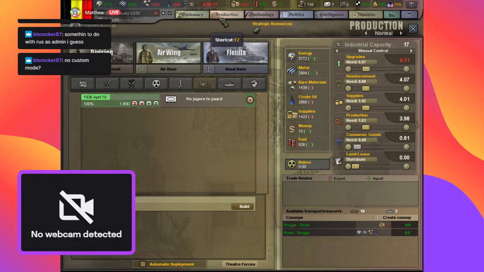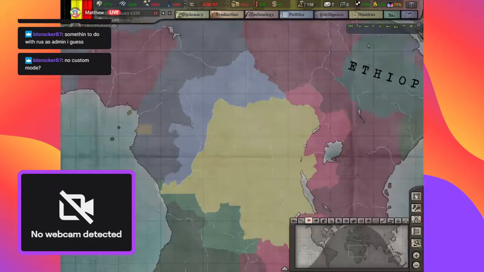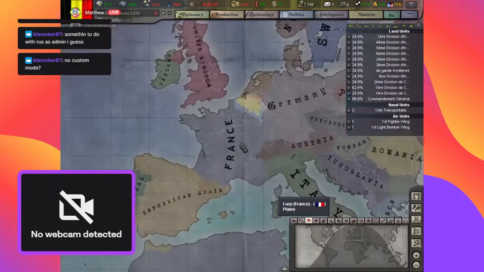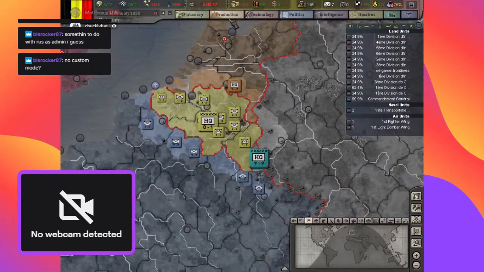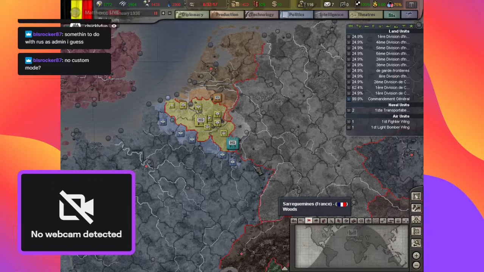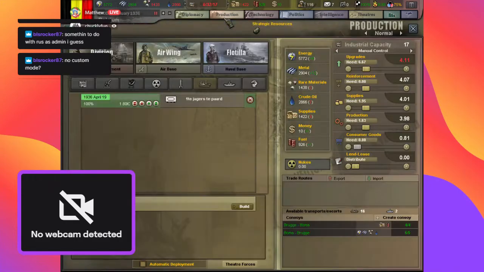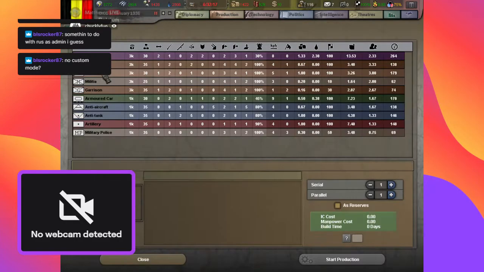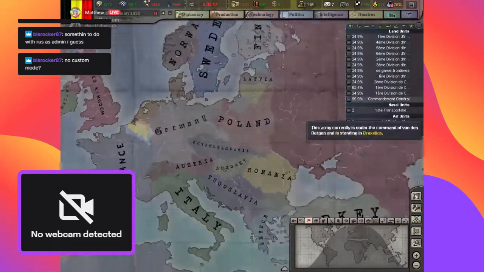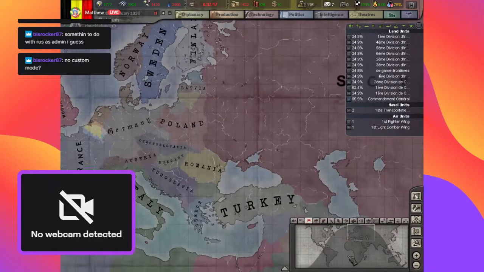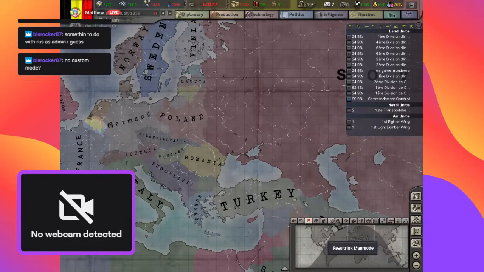Yes, because they help decrease the threat level. Not the threat level, the revolt level. You would need them because let's say as Germany, I'm moving into the Soviet Union.